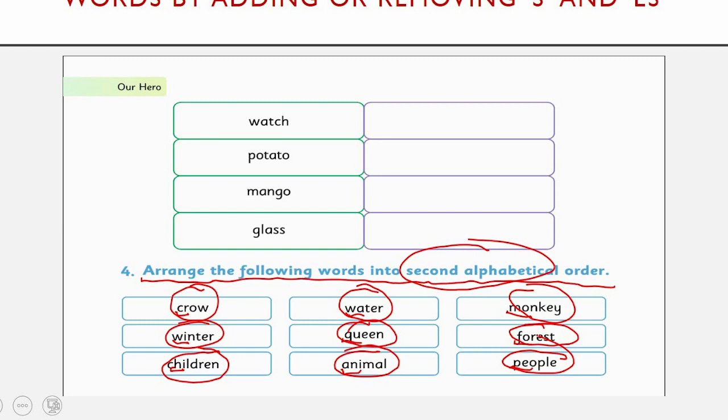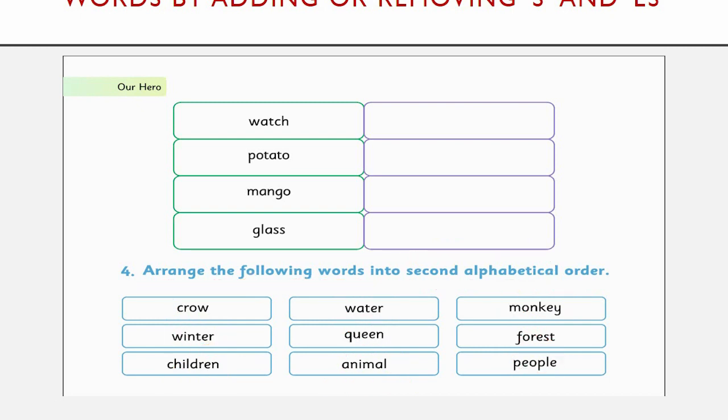I hope you do remember your alphabets. So you will be looking at both the alphabets. If the first alphabet is A, for example, then you need to look at the second alphabet and then arrange it accordingly. So let's try to arrange these words in the second order alphabet.